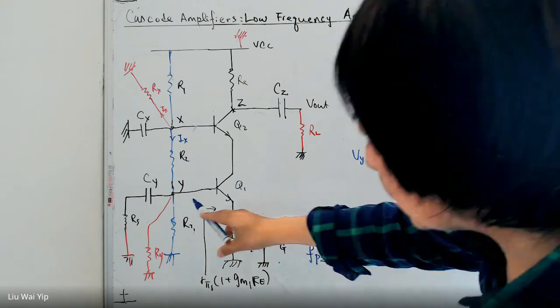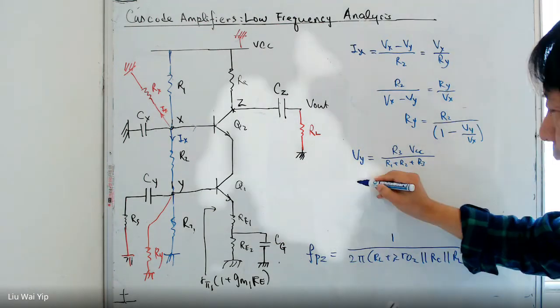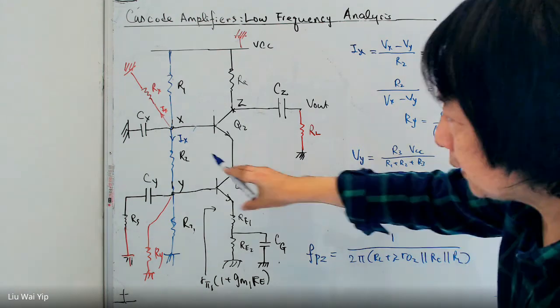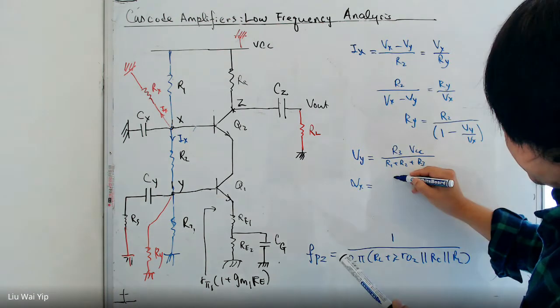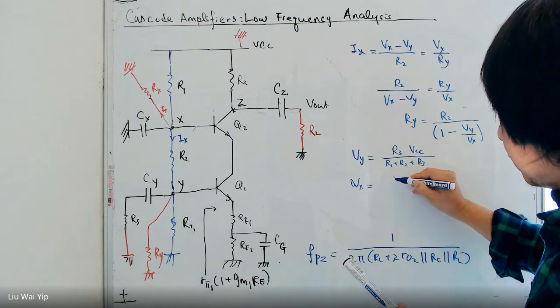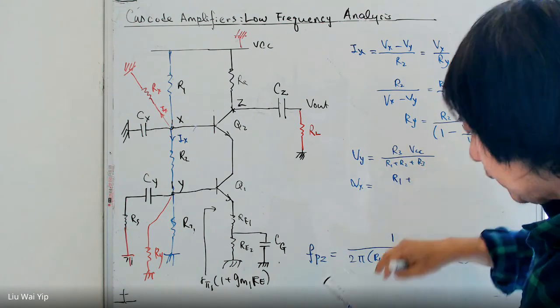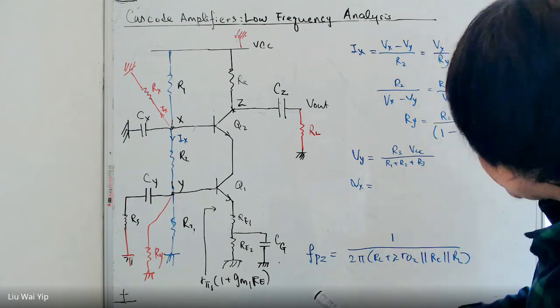And what is Vx? Vx is R2 plus R3 over R1 plus R2 plus R3, times VCC.